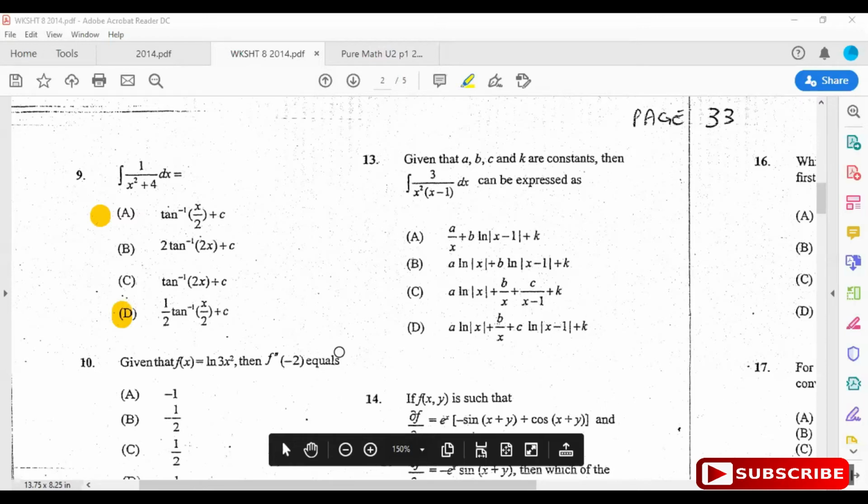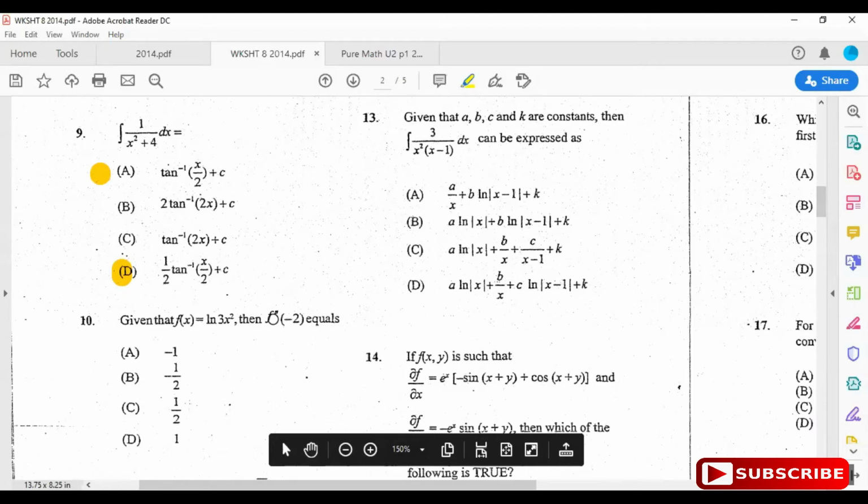Question 10. It says that we have some function f of x equal to ln 3x squared, and they want the second derivative when x is minus 2. So we just write down our f of x, ln 3x squared.